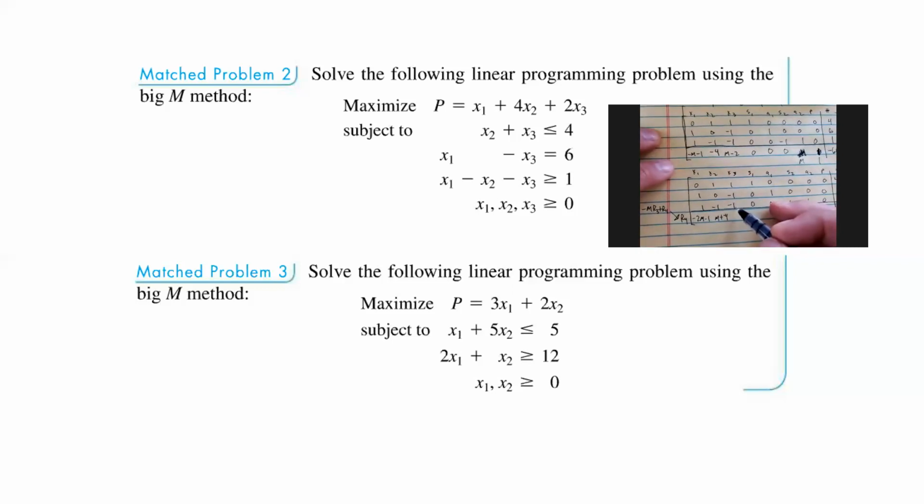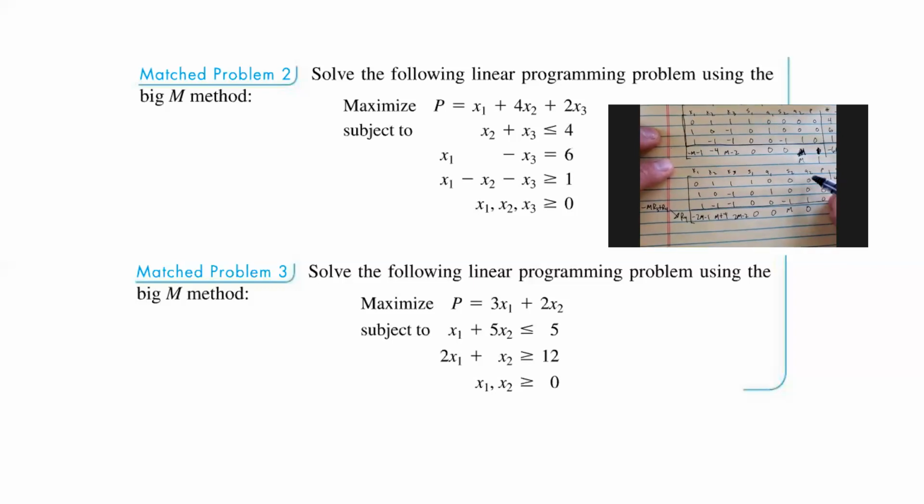Negative m times negative 1 is positive m, so you get 2m minus 2. 0 times negative m is still 0, plus 0 is still 0. 0 times negative m is still 0, plus 0 is 0. Negative m times negative 1 is positive m, plus 0 is m. Negative m plus m is 0.